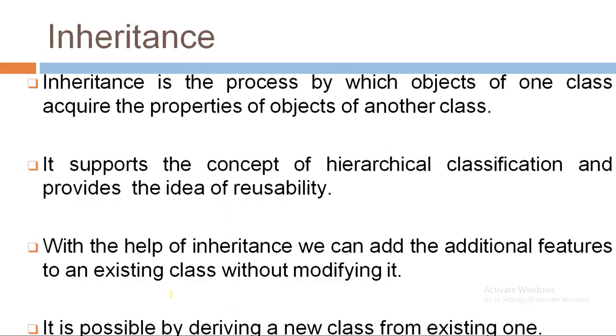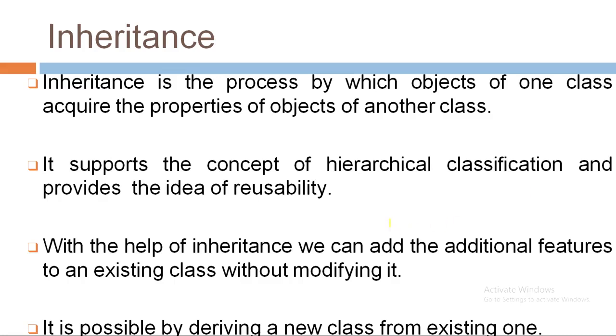Then the next thing is inheritance, a very important concept in the object-oriented paradigm. Inheritance is generally known as the process in which an object of one class acquires the properties of an object of another class. That means it supports the concept of hierarchical classification and it provides the idea of reusability.